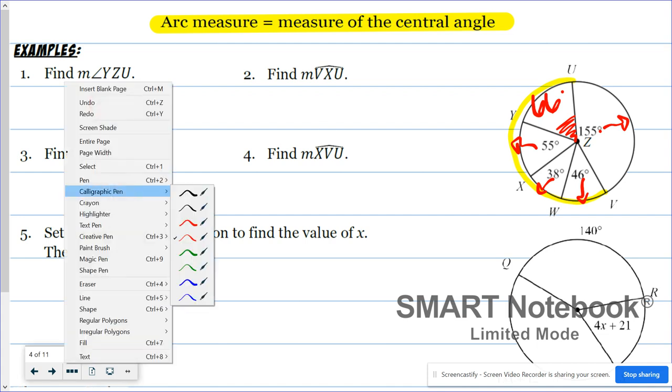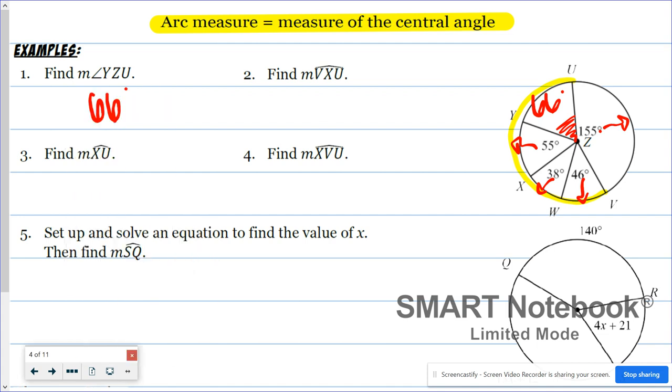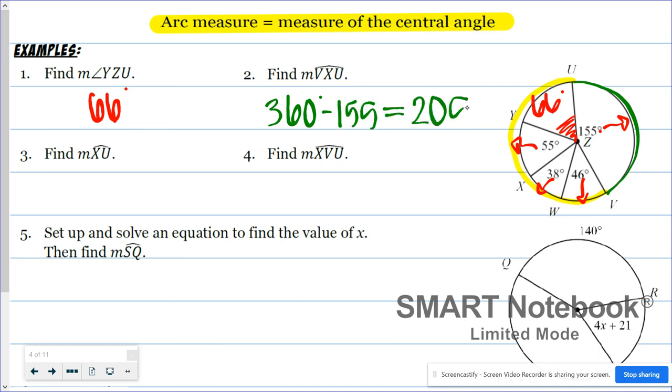If I take the entire circle of 360 and subtract arc UV, I'll get the measure of arc VXU. So 360 minus 155 gives me 205.